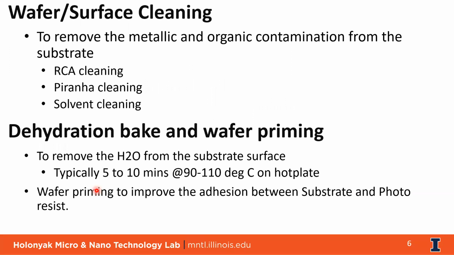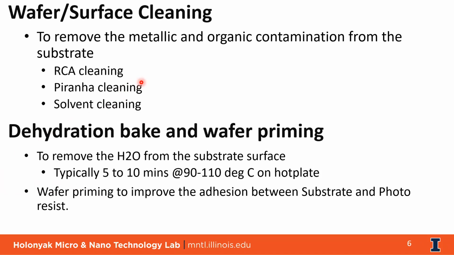So what is wafer cleaning and why do we need it? When you take any wafer, it will have metallic or organic contamination, or some particles or other visible particles. That can cause a series of problems during your subsequent processes. In order to avoid that, we do wafer cleaning. Generally we do these three kinds of cleaning.